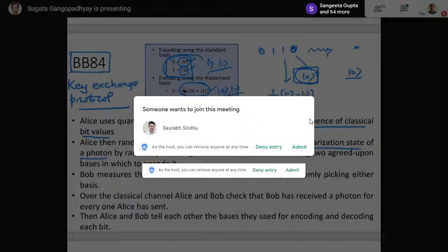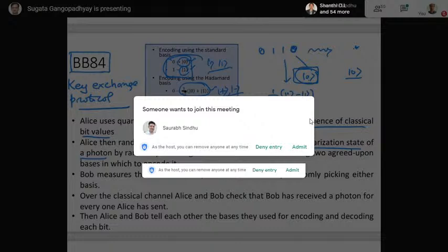and afterwards they exchange their choice of bases. So after everything is done, over the classical channel, Alice and Bob check. Alice sends and Bob measures, and they choose the bases at random.